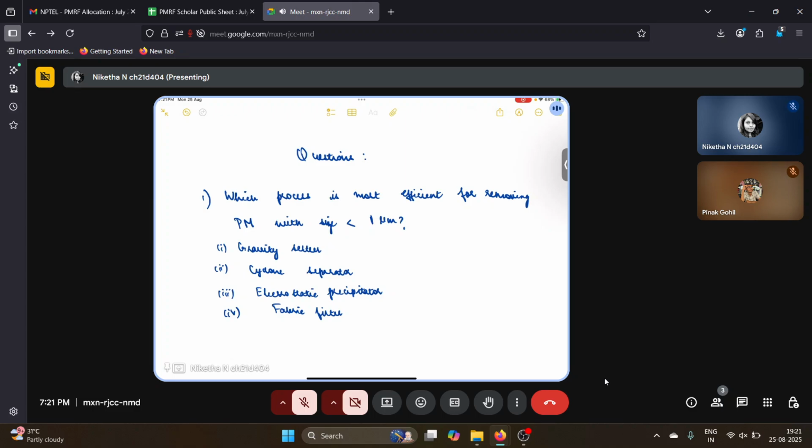We just discussed this in today's class. The answer is fabric filters. Yeah, and what is the range? 0.01 to 1 micrometer.